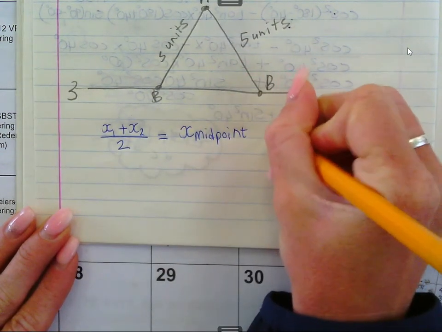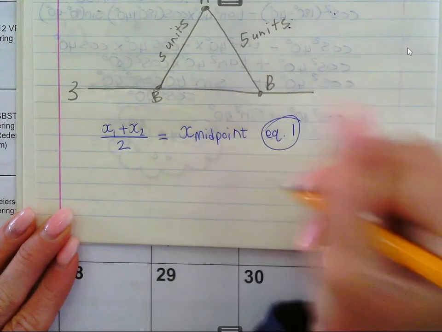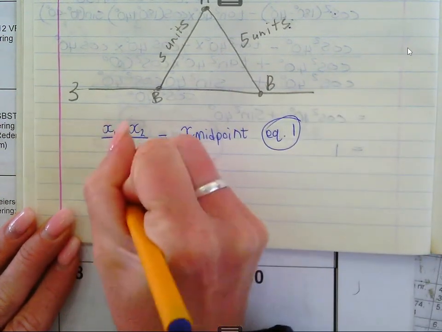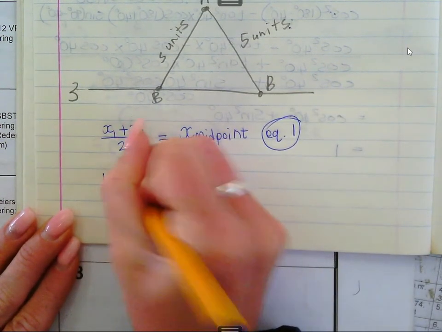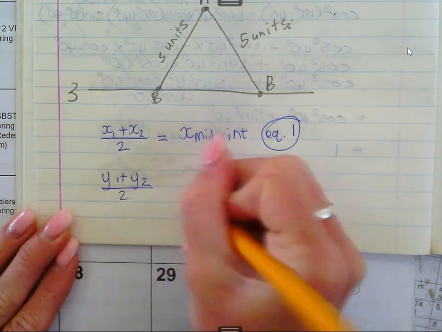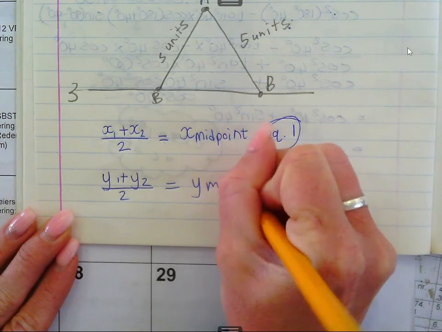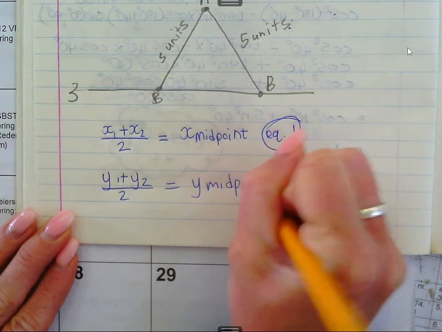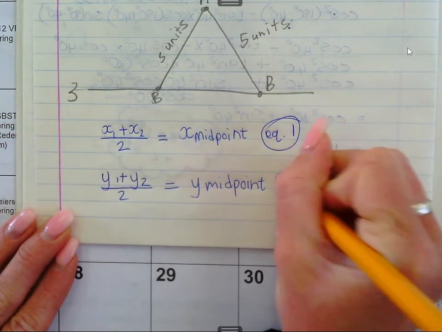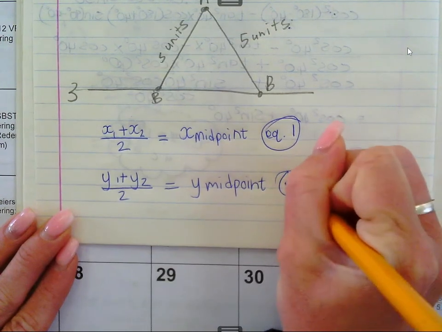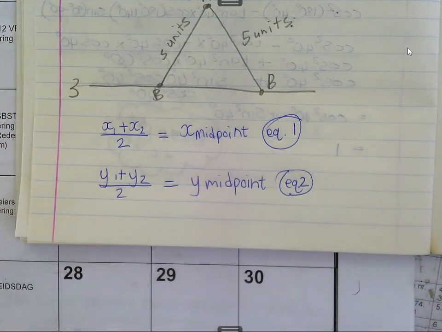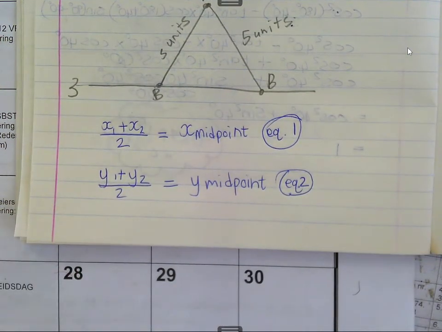This is equation 1. y1 plus y2 divided by 2 is equal to the y midpoint. This is equation 2.